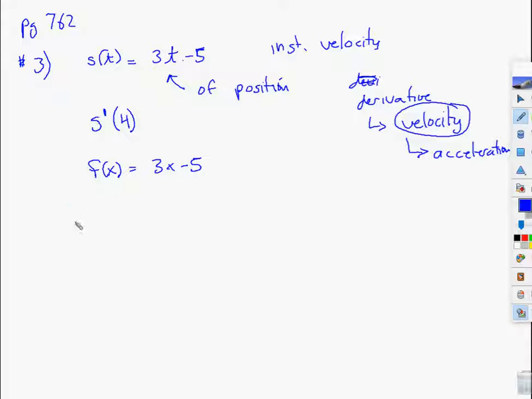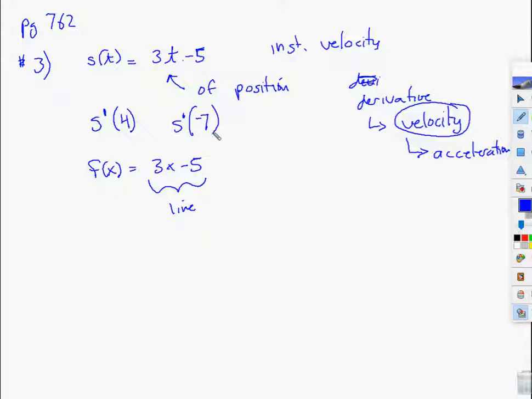There's a few ways we can do this. What we're going to do is find the derivative at all the points and go ahead and find the instantaneous velocity. Now, we are going to do all the work that's involved with that, but you should recognize that this is a line. And since a derivative is simply the slope, no matter what point, I could put any point in here.